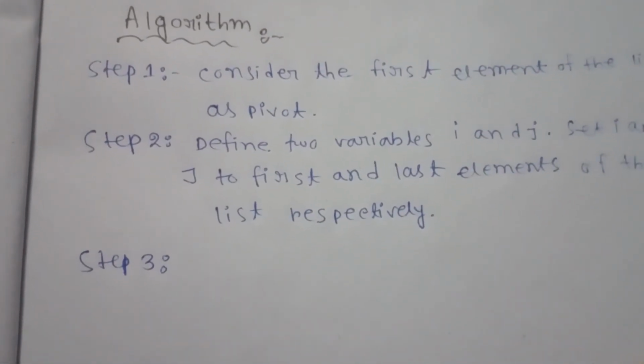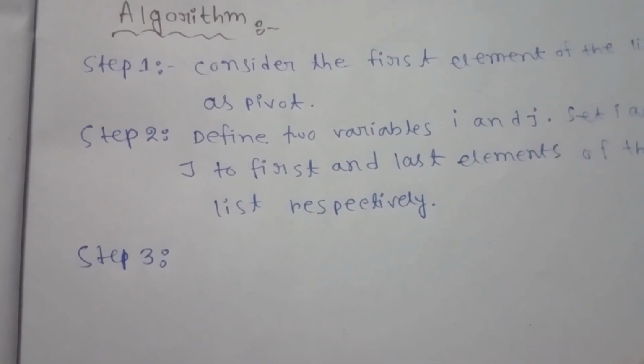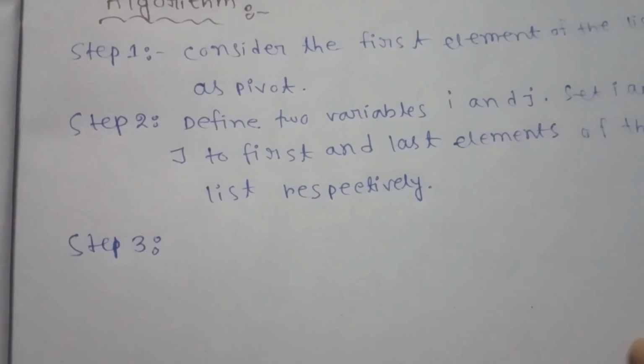Step 3. Increment i until array of i is greater than pivot, then stop.